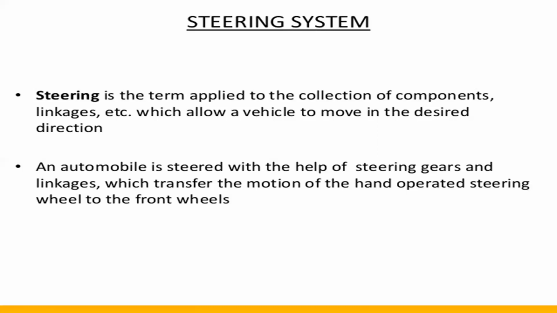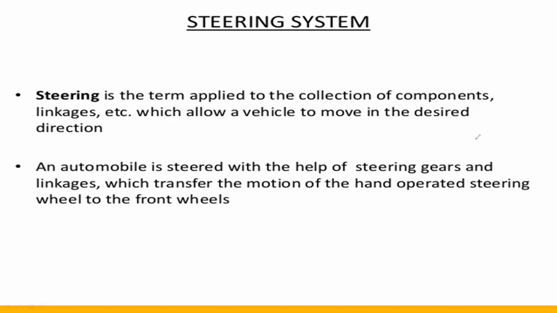The steering wheel rotates, either left side rotation or right side rotation. In that rotary motion, it is converted into sliding motion. The wheels are slid, the wheels are straightened. So that motion is converted.